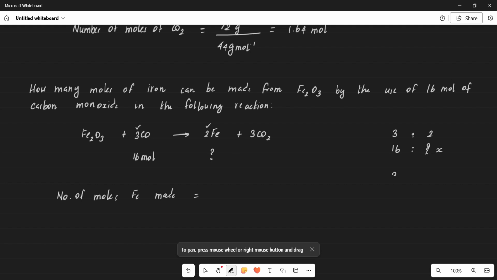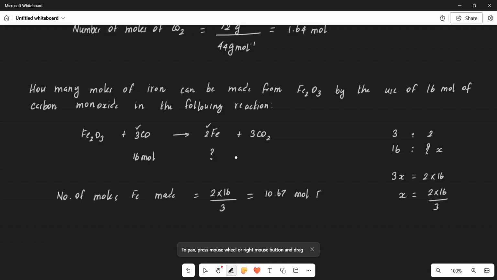So 3x is equal to 2 times 16, so x is equal to 2 times 16 over 3, which is equal to 10.67 moles of Fe.